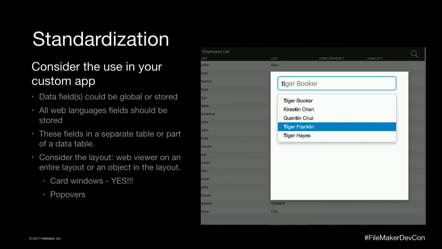And another thought in this standardization is how to use it in your custom app. Well, I'll get into some specifics about this, but each integration that needs data, like this find mechanism right here, those are actual field records in my table there. They all need the data to be stored, and so I have that in a field. And so these are some considerations that you as a developer need to think about as you're pushing this into your custom app.